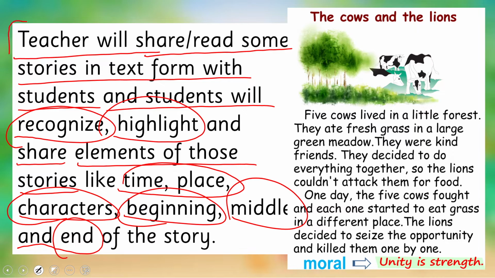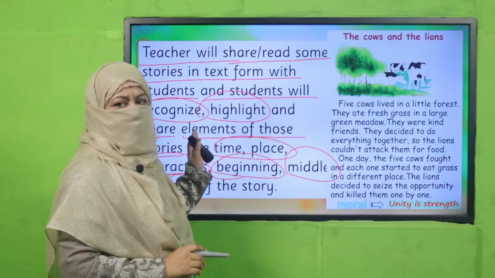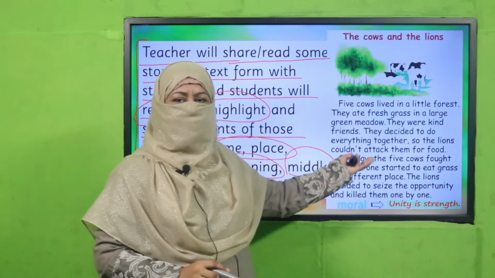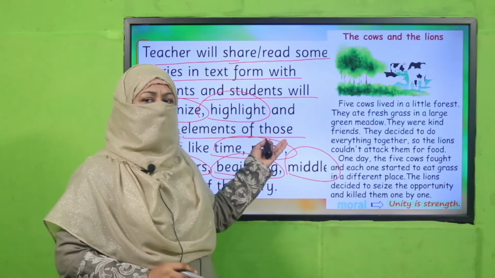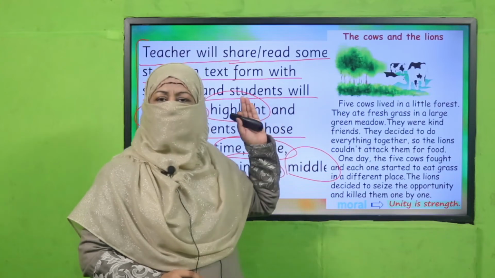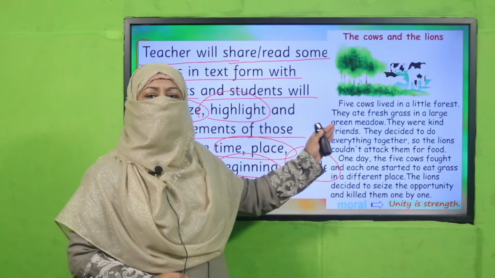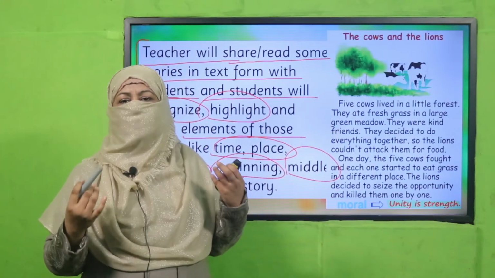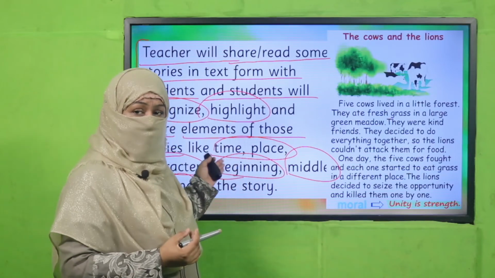First, you will share with your teacher all the elements from the story. So teacher, I just brought a small story for reference, as an example for you. You can follow the same. You can bring your own story, and make the students learn to identify all the elements.